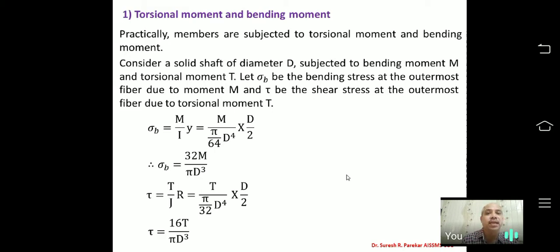Because already I mentioned, in these combined stresses we are going to study principal stresses due to combination of the loading. Now if we go into this, then we have P n1, n2 equal to sigma b by 2 plus minus root of sigma b by 2 whole square plus tau square. Here we do not have sigma x plus sigma y by 2. We have only sigma. That sigma may be due to bending, or it may be due to axial, or it may be due to bending plus axial.